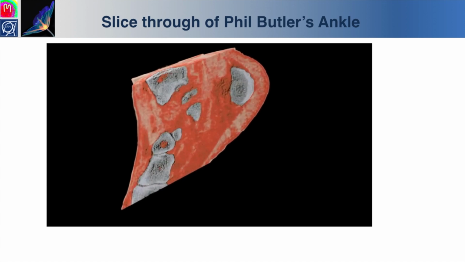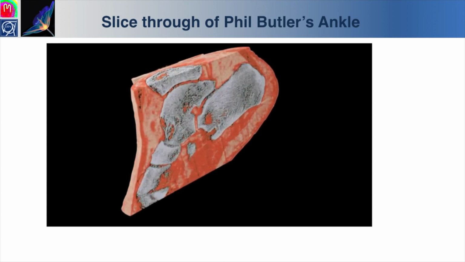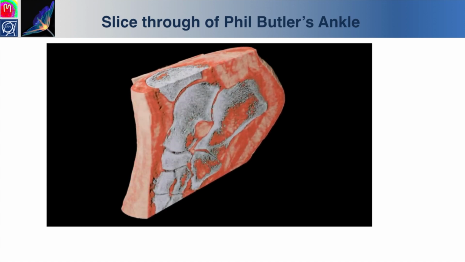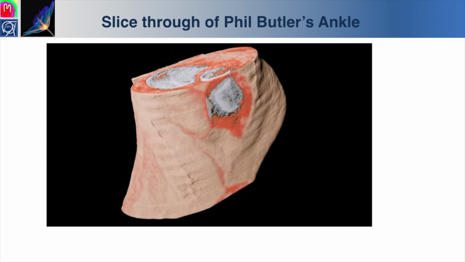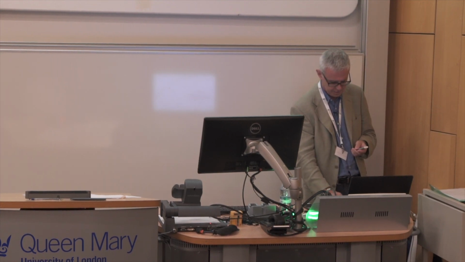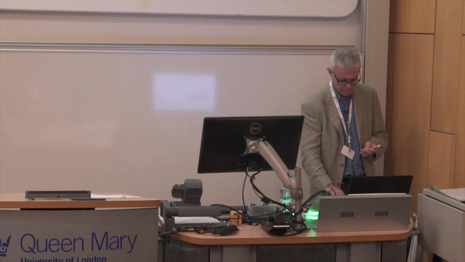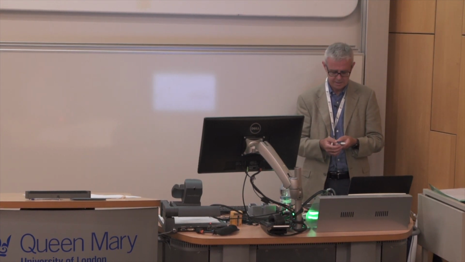But then the yellow stuff here is fat, and the red stuff is flesh. So these are things which are impossible to distinguish without having access to the energy information or the colour information of the incoming X-rays. And there are about 300 million CT scans performed per year. And so our hope is that one day, thanks to these people here, we'll all start to be able to have access to these kind of images.